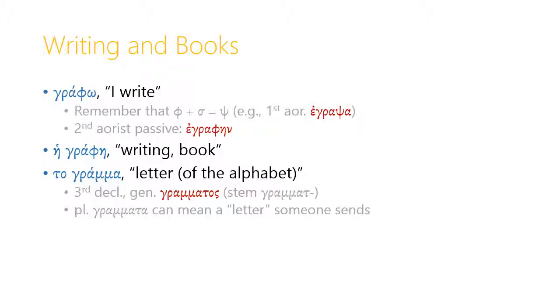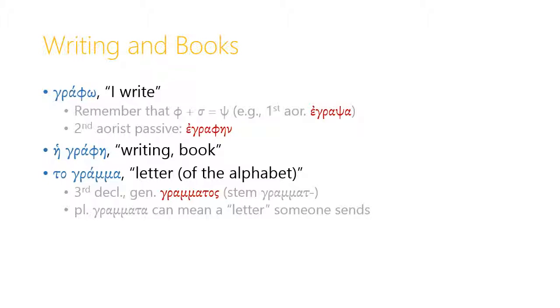The third declension stem here is grammat, and so you can see that for the nominative singular, the tau of the actual third declension stem has been dropped off, but it reappears in the genitive singular, which is grammatos. And from there on, this is a regular third declension noun.